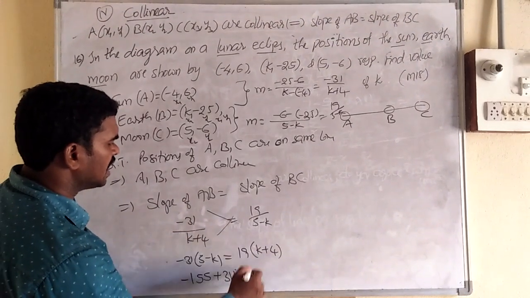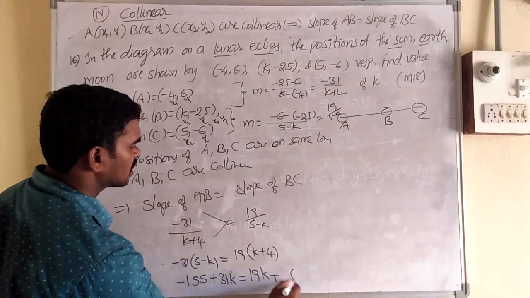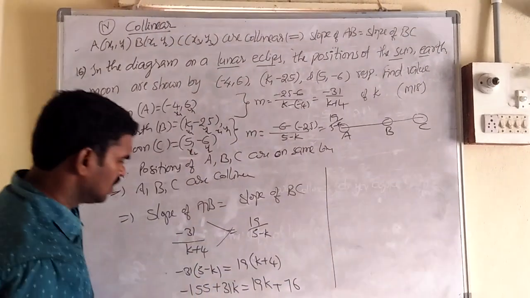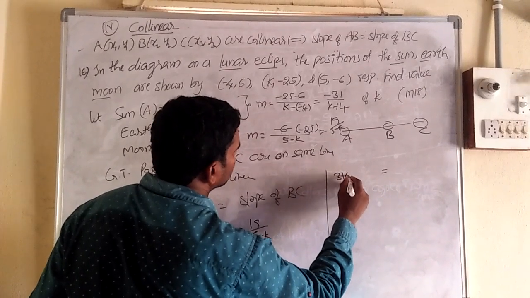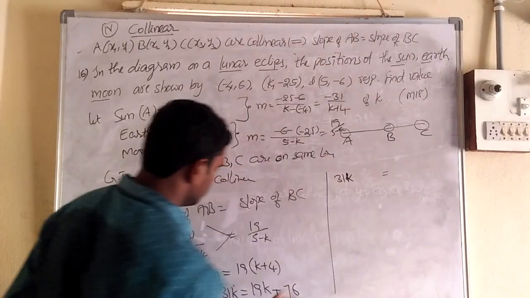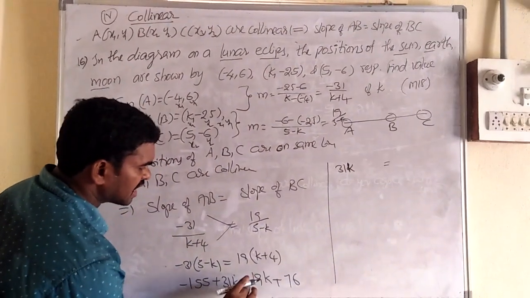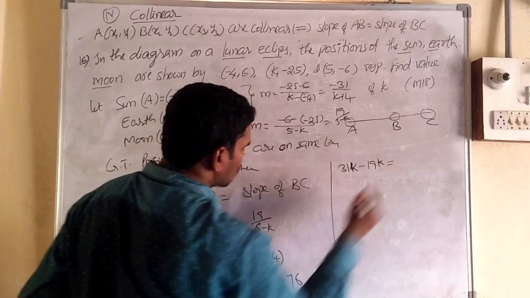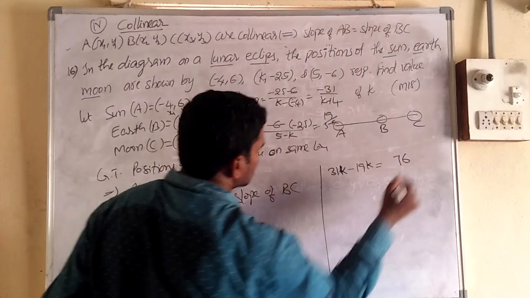That is equal to 19 into k, 19k, and 19 into 4 is 76. Keep 31k on the left side, and 19k on the right side, bring it to the left, becomes 19k, is equal to 76 as it is.